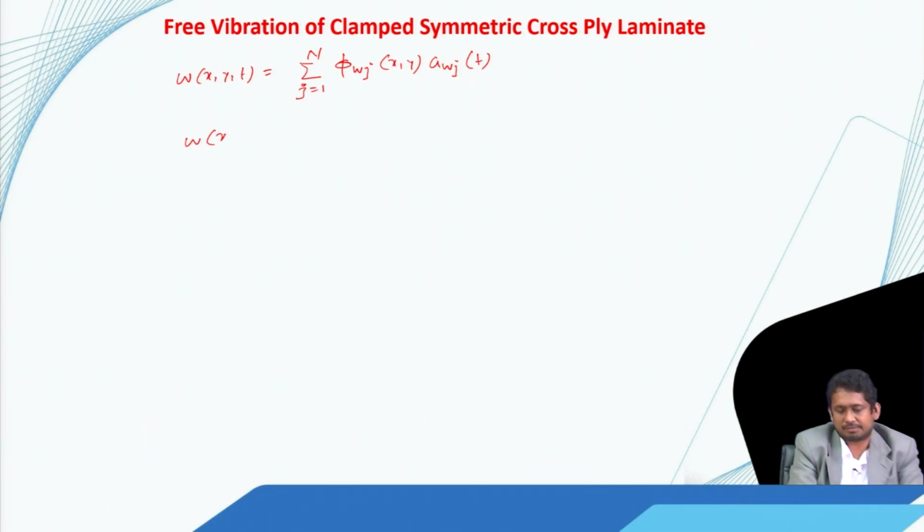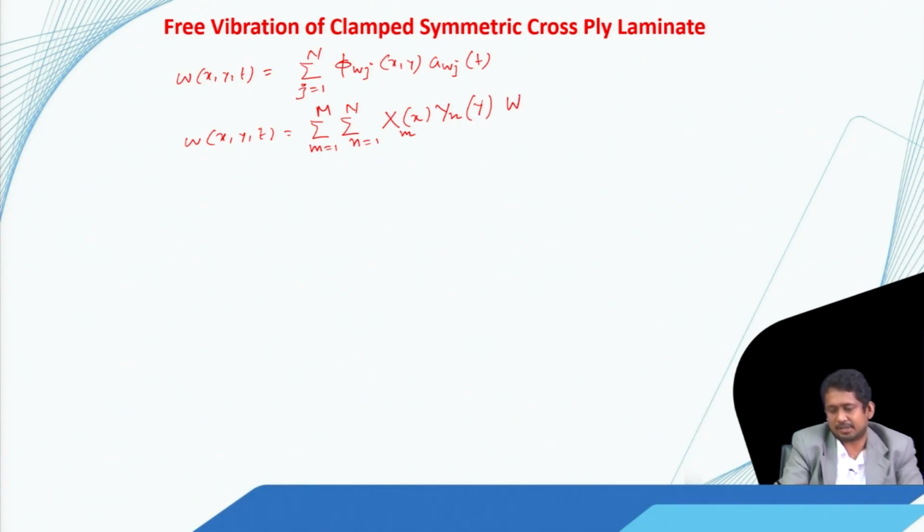So, w as a function of x, y and t, we would write this as summation n going from 1 to n, m going from 1 to m, and then a pure function of x, mth function, and a function of y, and then multiplied by wmn.